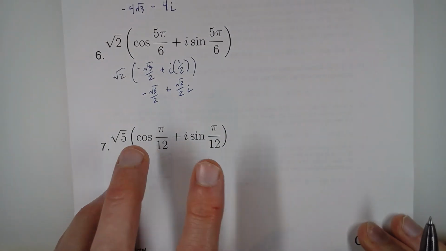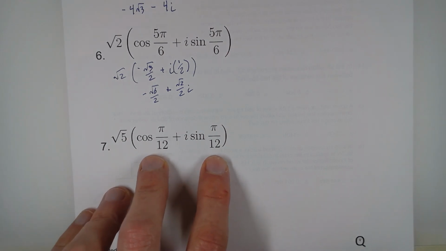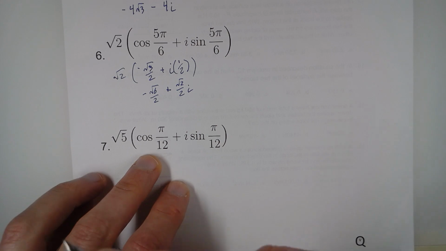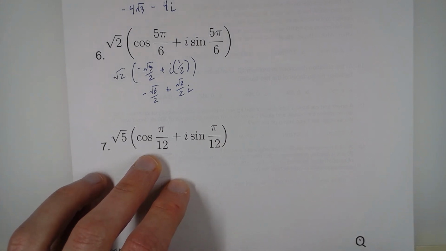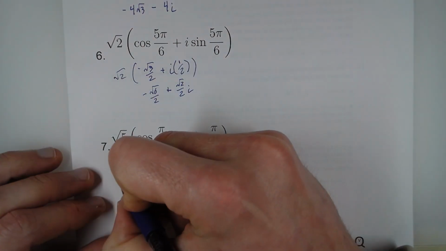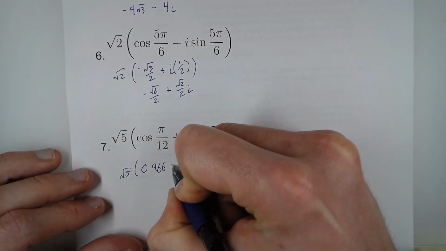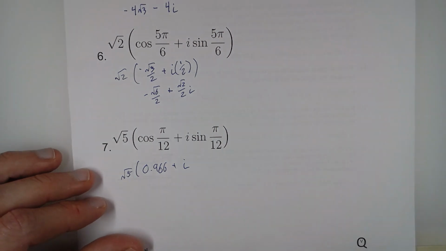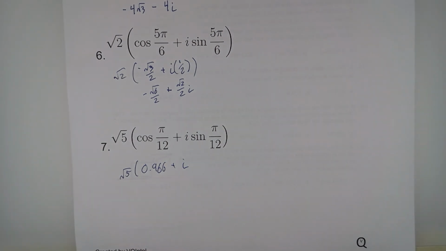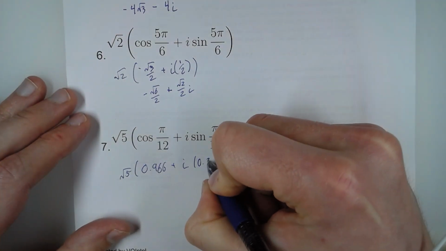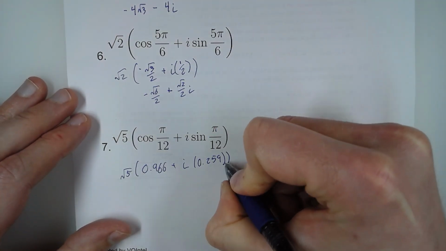Now the last one, we have a cosine of pi over 12. And we're just going to use the decimal for this one. So we have square root of 5 times 0.966 plus i times sine of pi over 12, which is 0.259.